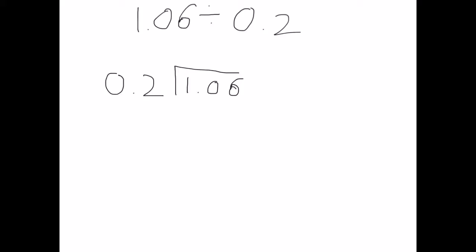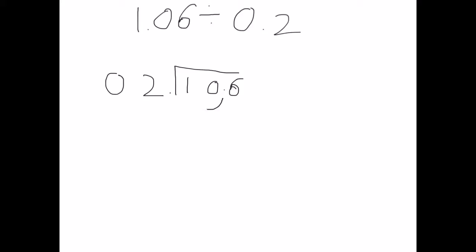Then your divisor cannot be a decimal. So you're going to have to move the decimal place, making it so now it'll just be 2. And then whatever you do to the divisor, you do to the dividend, the number inside.